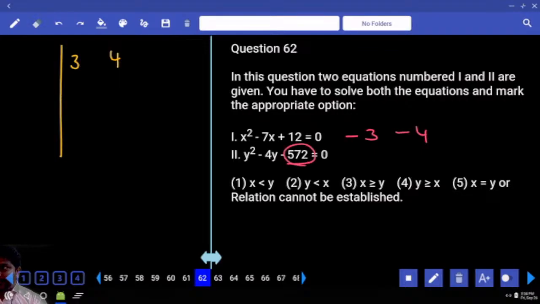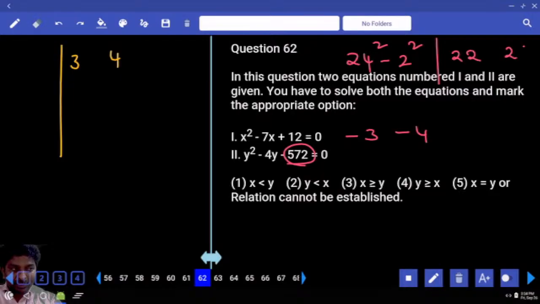Nearest square value. Look at there. 576. And that number is 4 less, right? 576 is 24 square. 4 can be written as 2 square. A square minus B square, A plus B into A minus B. That is a combination.